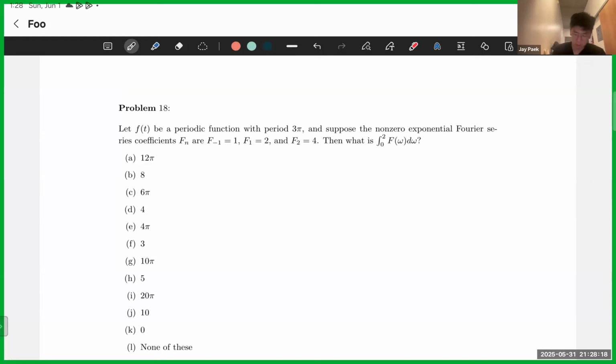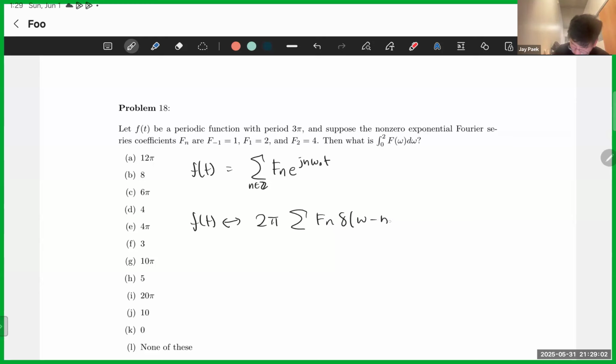Oh, well, recall that if f of t is equal to this, then f of t will have a Fourier transform of, okay, I need to get this right, but it should just be 2 pi times the sum of f_n delta function at this.